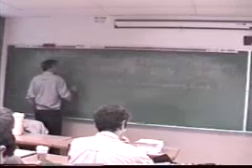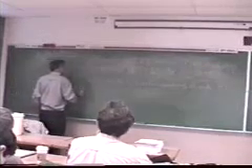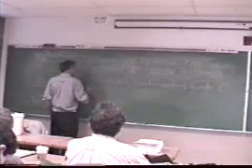Let me make the notations more precise. Where p sub lambda, for any value of lambda, is the multiplication operator by the characteristic function 1 of the interval minus lambda, lambda. This is true for any lambda.